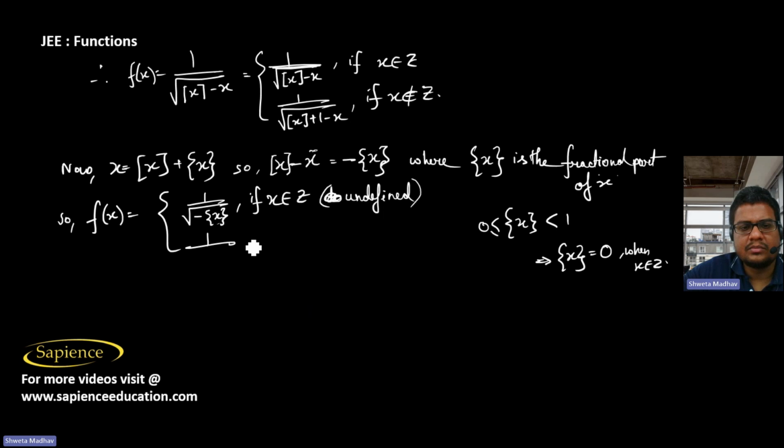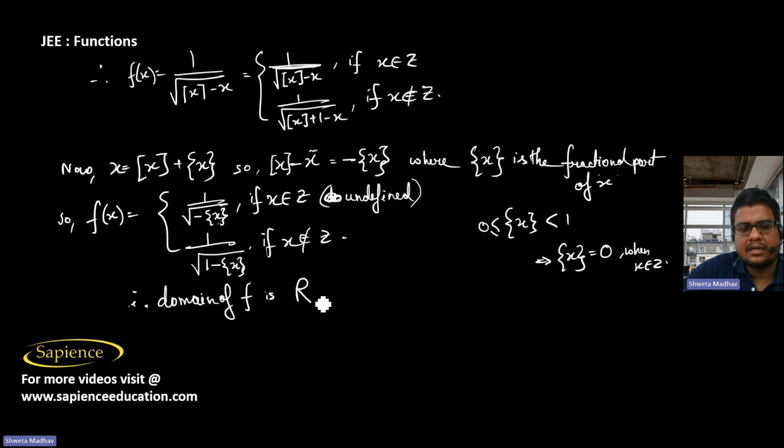And when x does not belong to Z, it is 1 by square root of 1 minus fractional part of x. Therefore the domain of the function f is R minus Z, since we should not put integral values of x, else it will be undefined.